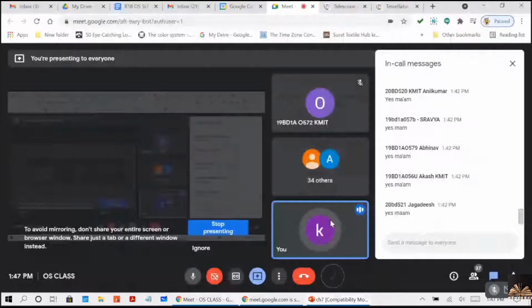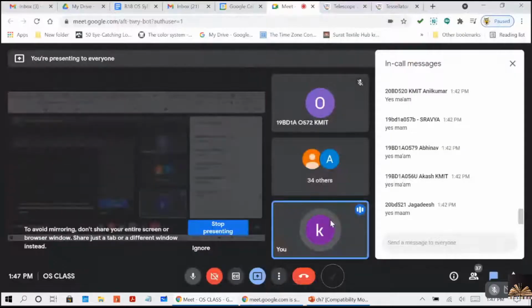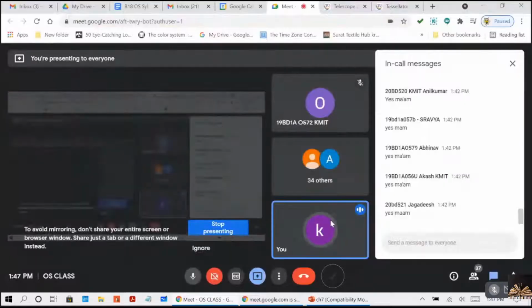So what do you mean by instances, guys? In this diagram R1 has one dot, R2 two dots, R3 one dot, R4 three dots. What does it mean?